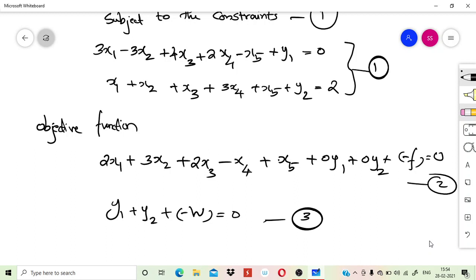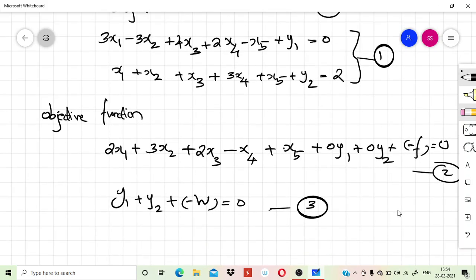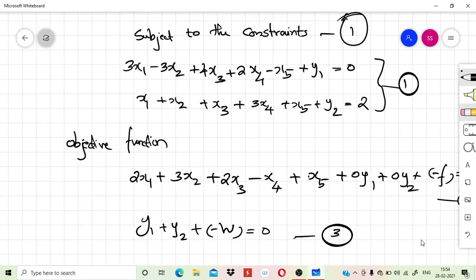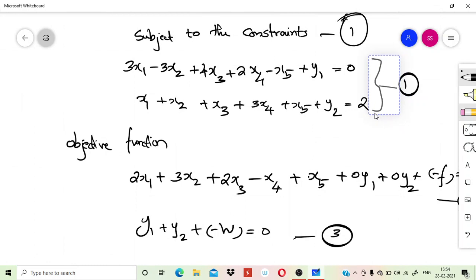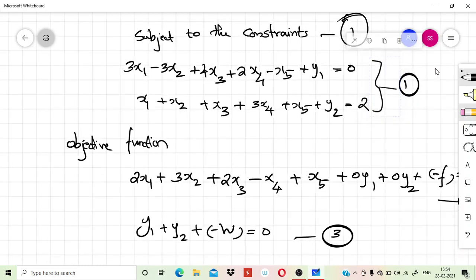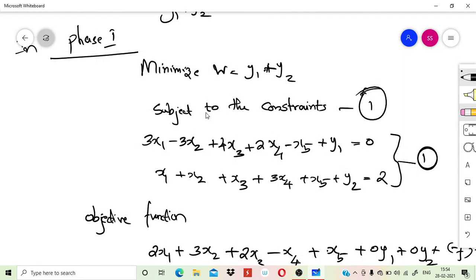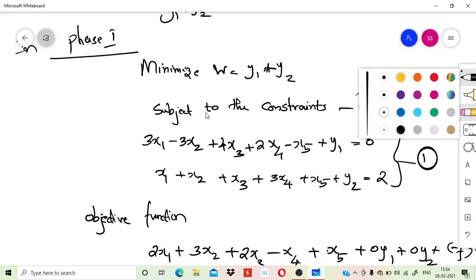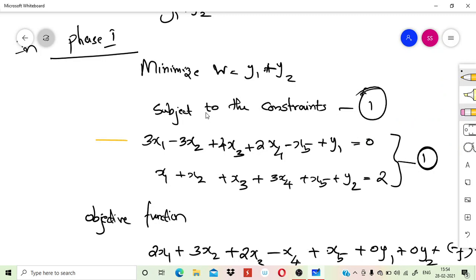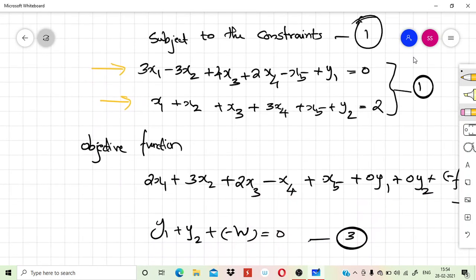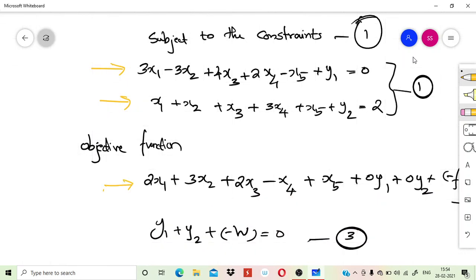In order to make it canonical form, you can imagine the entire problem as a matrix, in array format. This is the first row, this is the second row, this is your third row, this is the fourth row.